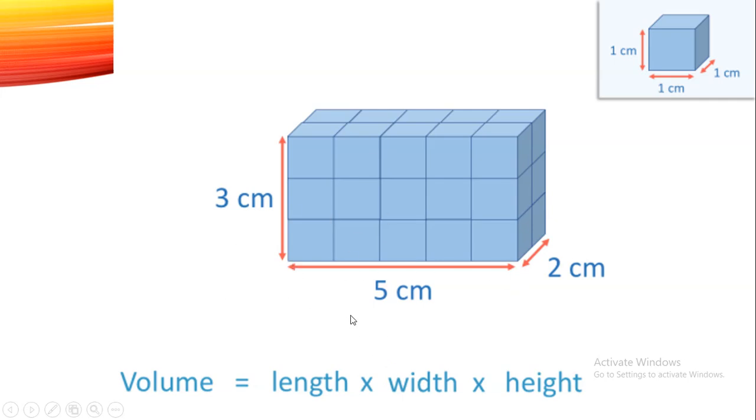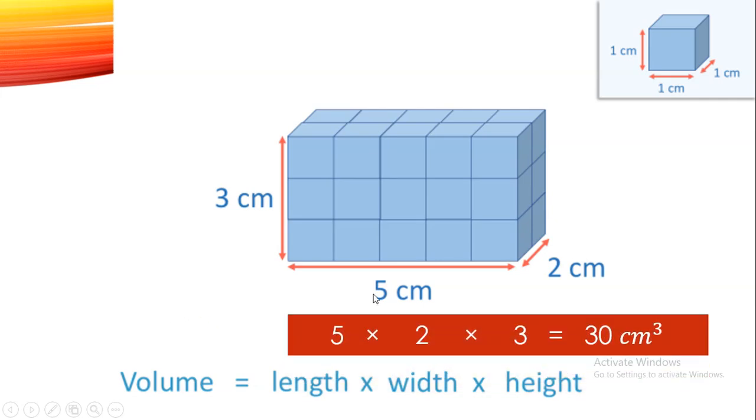The length is 5 centimeters, the width is 2 centimeters, and the height is 3 centimeters. The volume of this box equals length multiplied by width multiplied by the height.